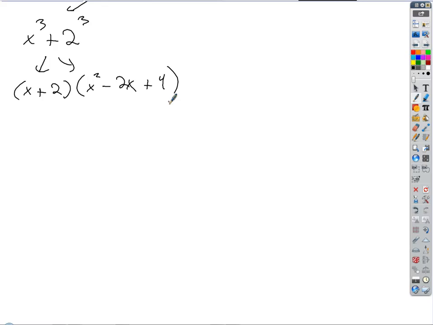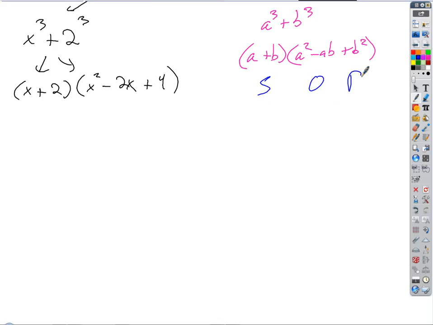Okay, real quick, Mrs. Bidorf showed me something kind of cool with this. If you want to keep track of the signs, here's just a simple way to keep it remembered. First sign is same, second sign is opposite, last sign is always positive, so it's soft, right? That's how you do the signs. Okay, but anyway, we'll keep going with this.